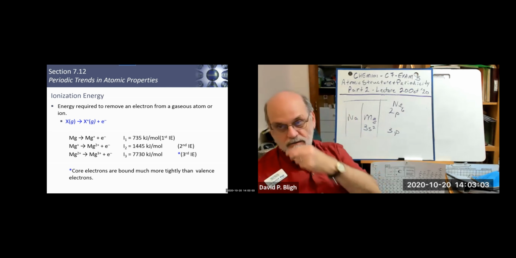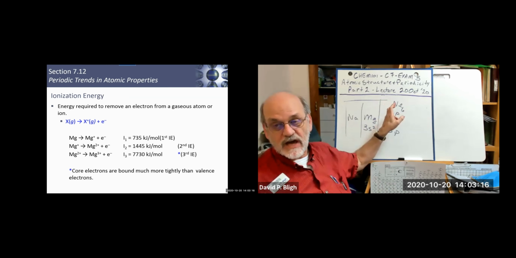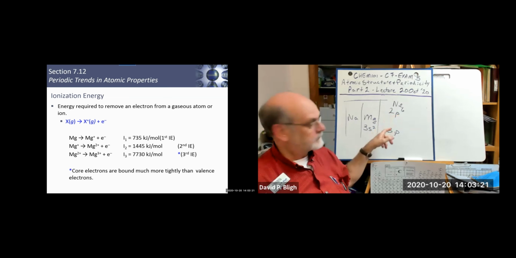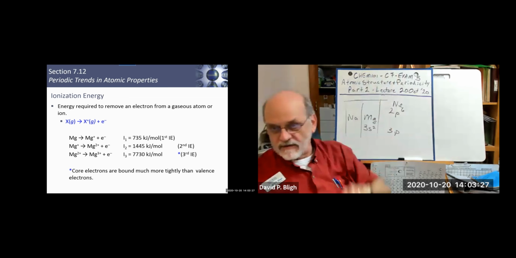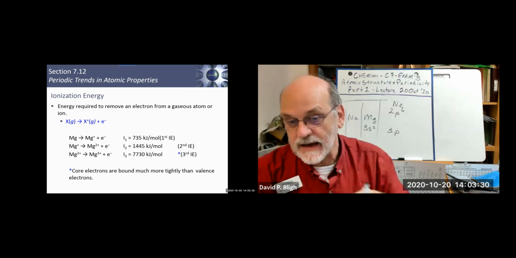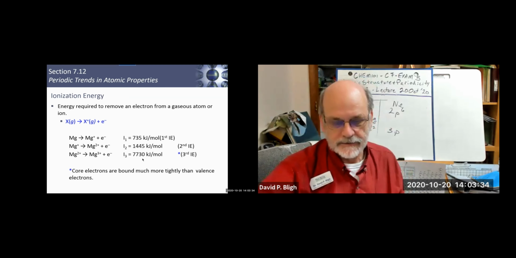You get to a noble gas configuration. That's why noble gases don't react, because they don't want to give up electrons. They don't want to accept electrons. It takes a lot of energy to either add or extract electrons. So once you get past the valence, the energy required to remove an electron goes way up fast. Right? And this time it's 6 times as much energy. Not just double, but 6 times. Not quite 6, maybe 5.